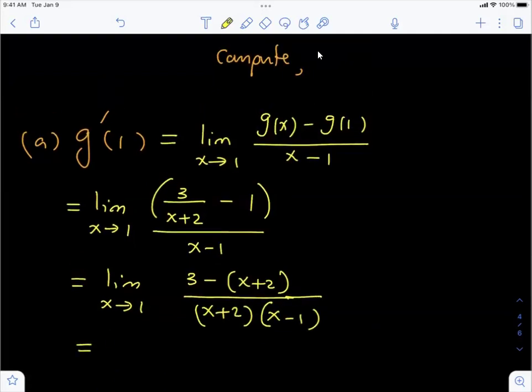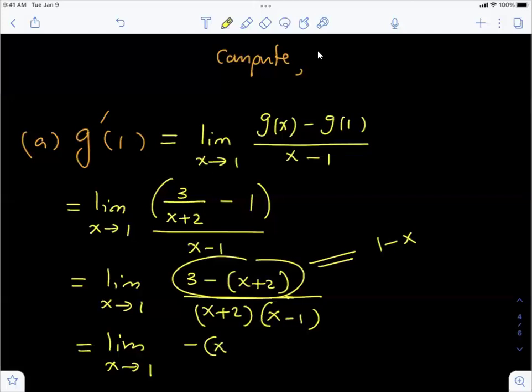Now, at this point, limit x goes to 1. And let's simplify this. After the simplification, you're going to get 1 minus x. Here you have x minus 1. So that is one step away from x minus 1 when you factor a negative sign. So x plus 2, x minus 1, and cancel, cancel.